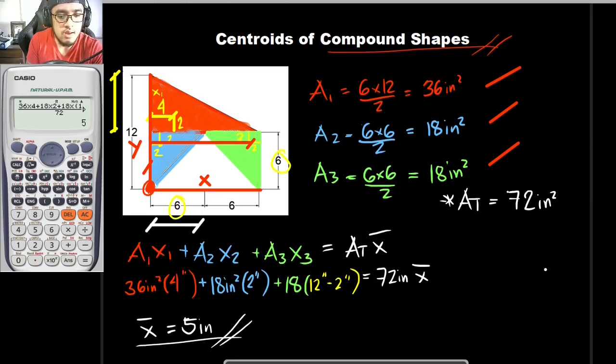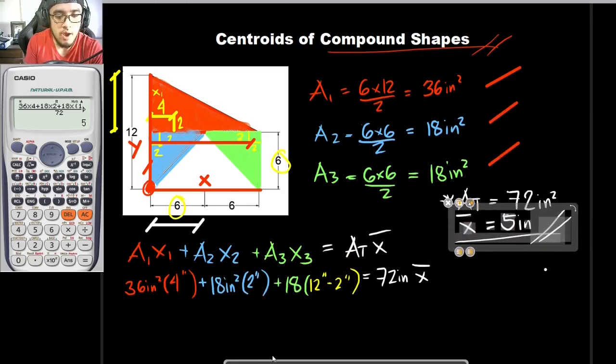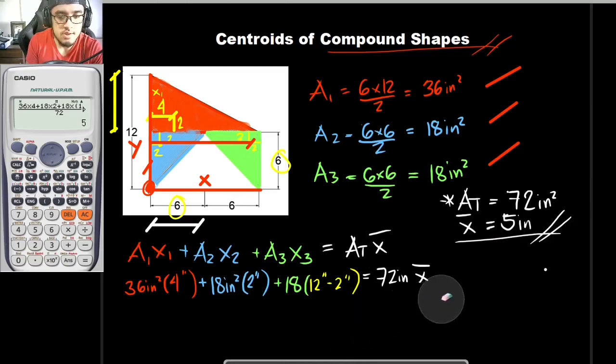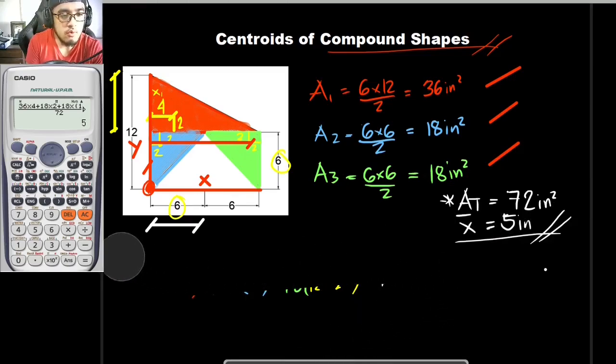Since you already know the value of bar x, let's now solve for the value of bar y. Okay, I would now be erasing this. For bar y, we would be using the same procedure wherein we would be getting the moment of all the areas, but this time about this axis right here.